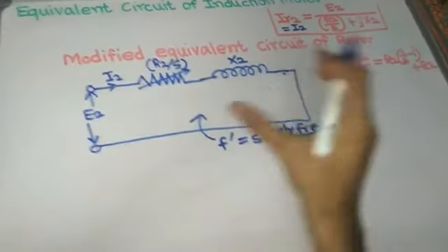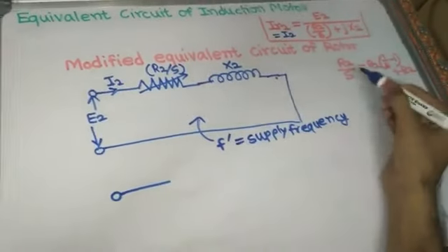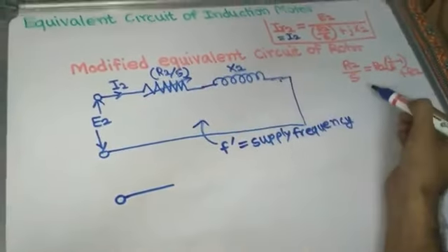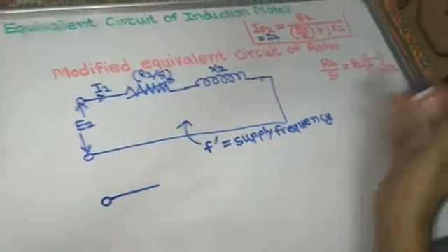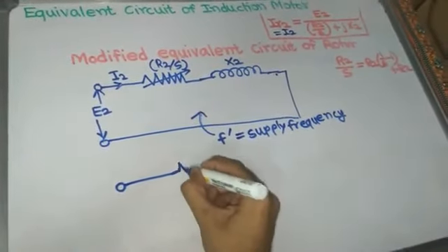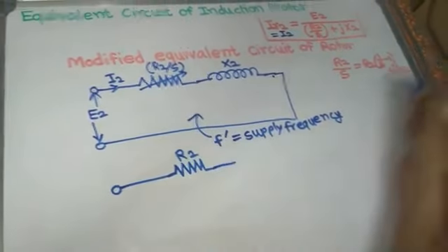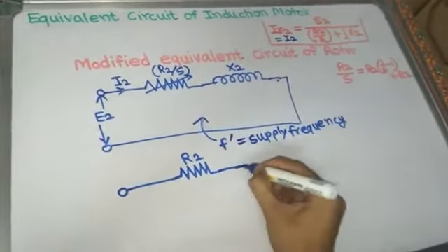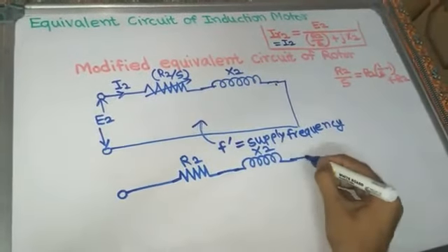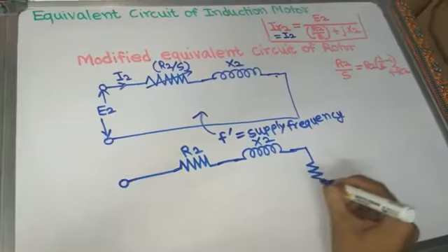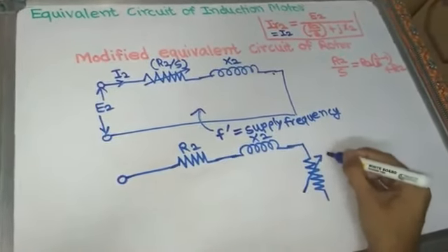So now we can draw the final equivalent circuit of rotor. We can write R2 by S is equal to R2 in bracket 1 by S minus 1 plus R2. So here the rotor resistance per phase becomes constant R2, and the rotor reactance X2, and one more resistance which is the load resistance, a variable resistance.